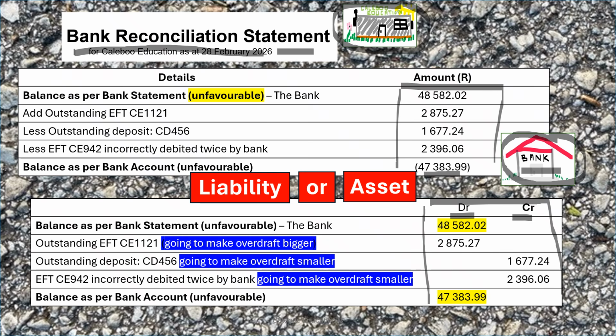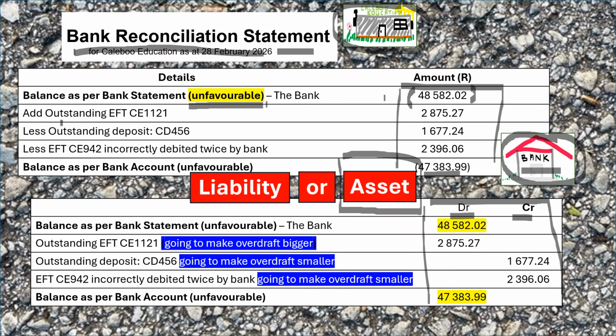So in the example we're looking at, we are starting with an unfavorable balance, and what I've done is I purposefully left out the brackets, because when you start with an unfavorable balance in our bank account at the bank, in the eyes of the bank, Calibre Education is an asset. So we got an unfavorable balance.